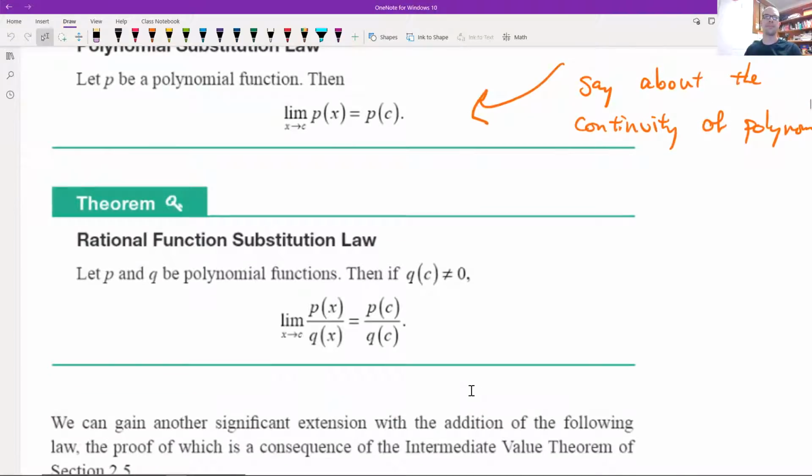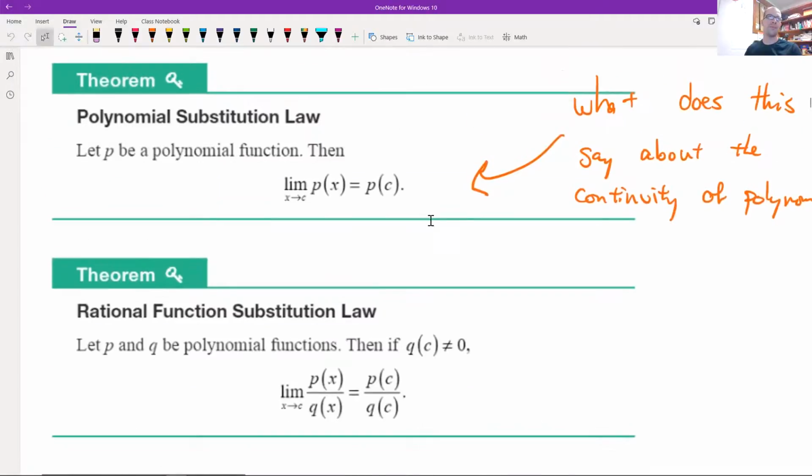And so, yeah, rational functions as well are going to be continuous on their entire domain. Technically, c will be a point of discontinuity, but according to the definition of continuity in this book, we will call any rational function a continuous function on its domain.